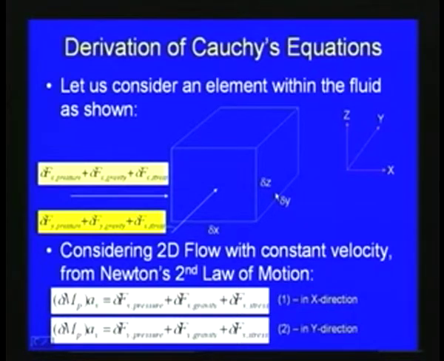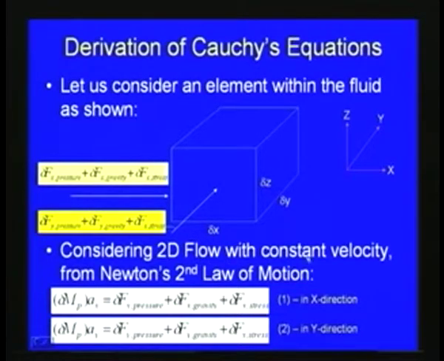Stress can be normal stress or shear stresses. So, either with respect to the x direction or y direction, we have to consider the pressure force, gravity force and the stress force.